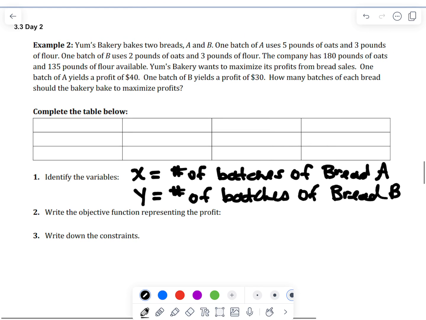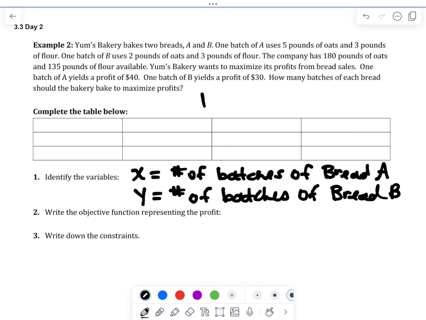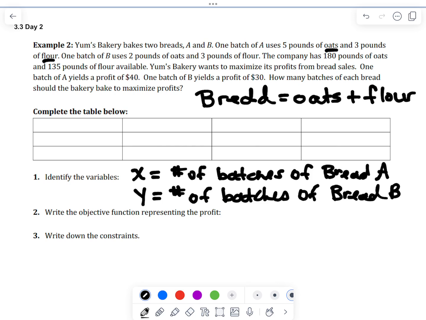Now bread, they're saying, is made up of 2 things: oats and flour. And there are some restrictions that we need to write. So I'm going to create the table.